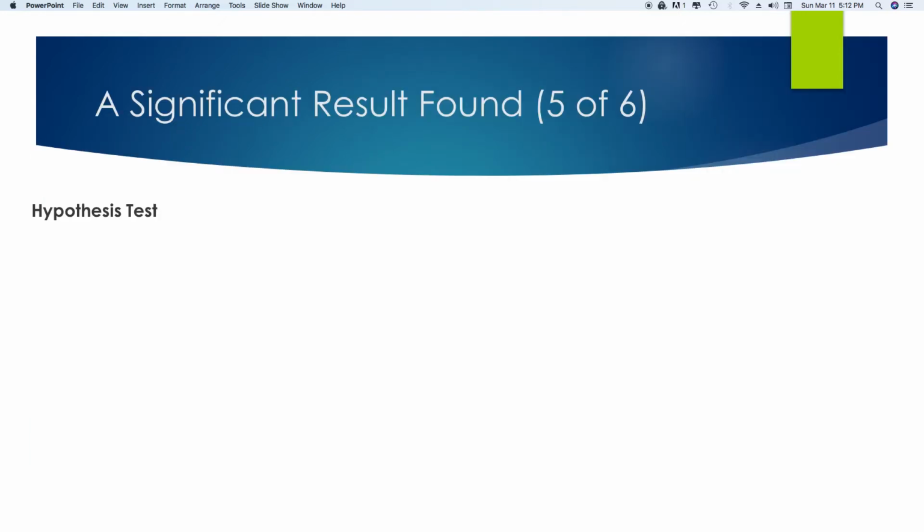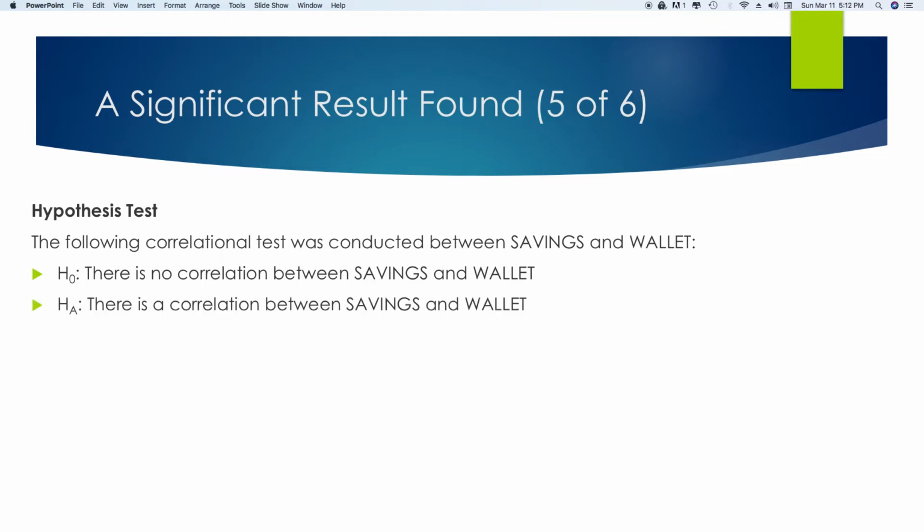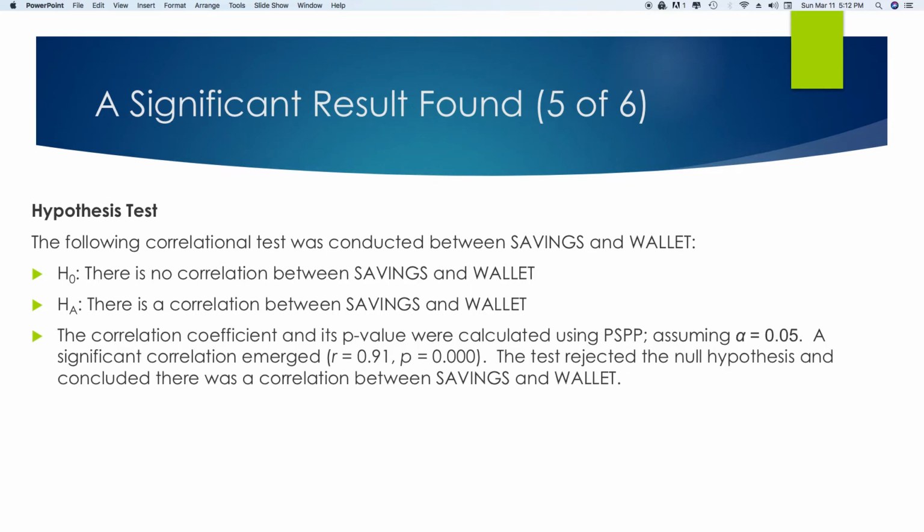And next we have the fifth significant result, our hypothesis test, and this tested the relationship between savings and wallet. So again, our null hypothesis would state that there is no correlation between savings and wallet. The opposite, our alternative hypothesis, would state that there is a correlation between savings and wallet.